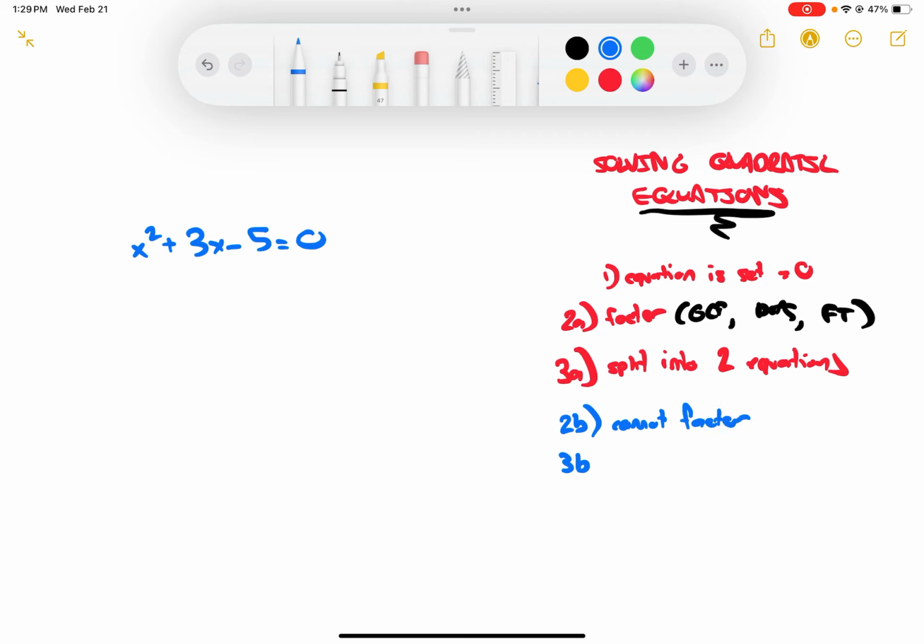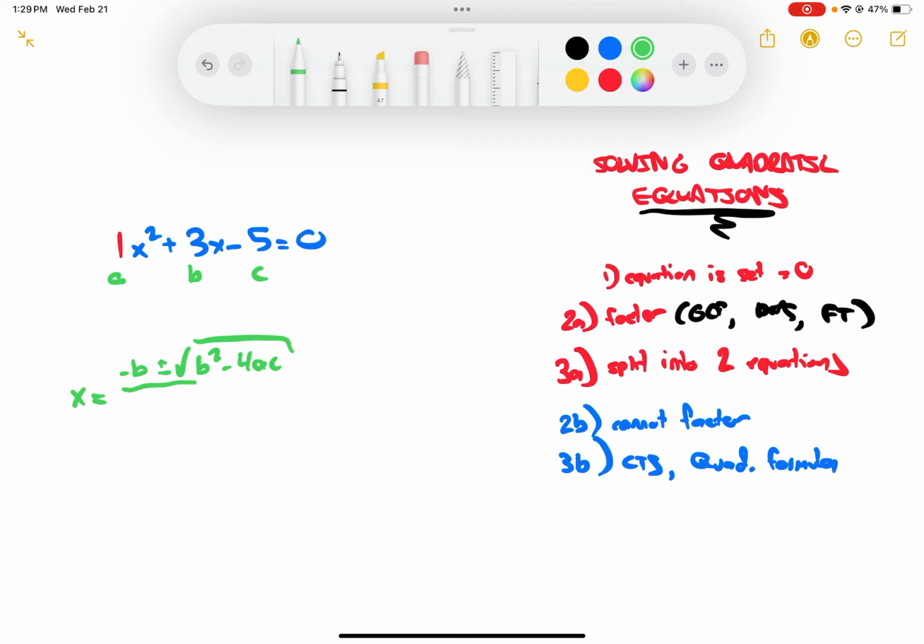From that point, you have two options. You either have completing the square or the quadratic formula. And we already have a video on completing the square, so let's just tackle the quadratic formula real quick. In the quadratic formula, I have a, b, and c values. The quadratic formula is negative b plus or minus the square root of b squared minus 4ac, over 2a.